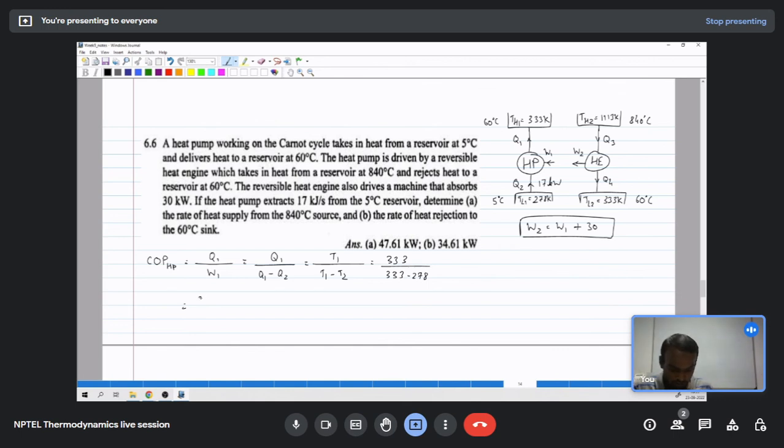So this is 6.05, the COP of the heat pump. Now to calculate the efficiency of the heat engine, we have 1 minus TL by TH. So here it is TL2 by TH2, and that is 1 minus 333 divided by 1113. So this efficiency is 70%.